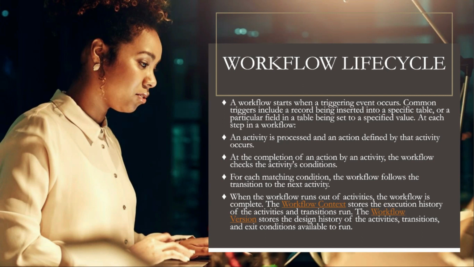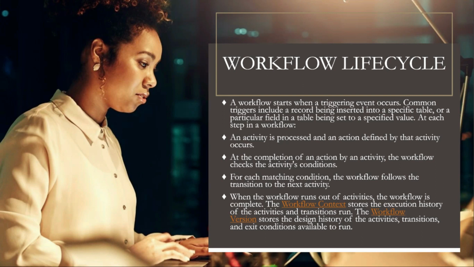At the completion of an action by an activity, the workflow checks the activity's conditions. For each matching condition, the workflow follows the transition to the next activity. When the workflow runs out of activities, the workflow is complete. Workflow context stores the execution history of the activities and transitions run.